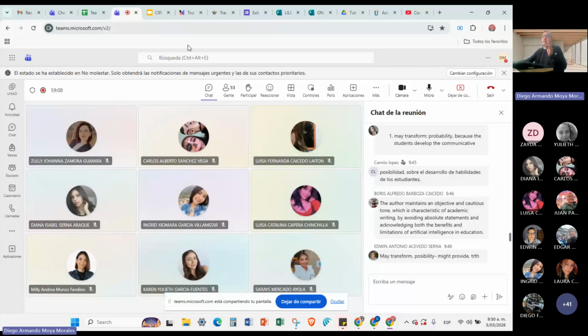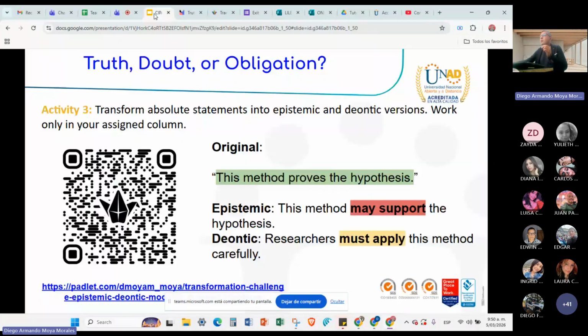There is a statement, a general sentence, a general idea, and thanks to the use of the modal verbs, we can modify or change a little bit the meaning. We can make it actually more academic. And as you can see here, we have this example. The original sentence is, this method proves the hypothesis. We can change the meaning a little bit using the modality of the verbs.